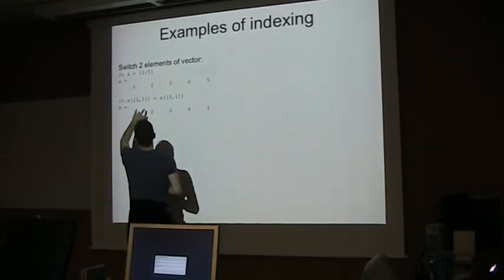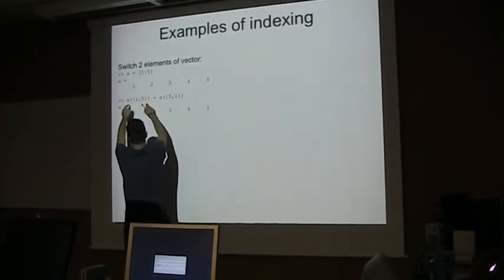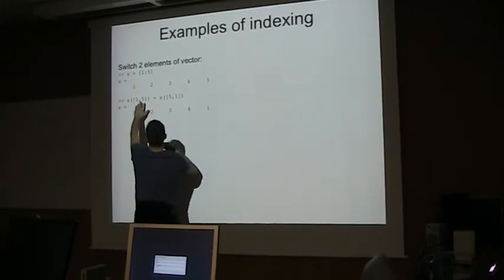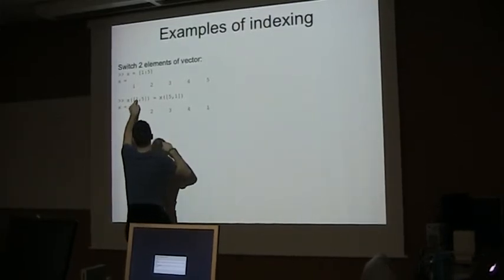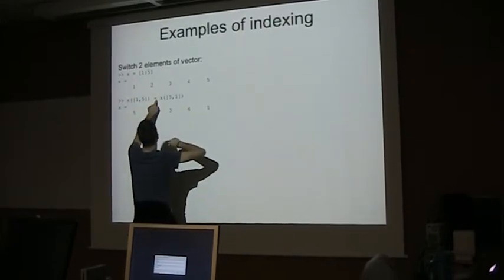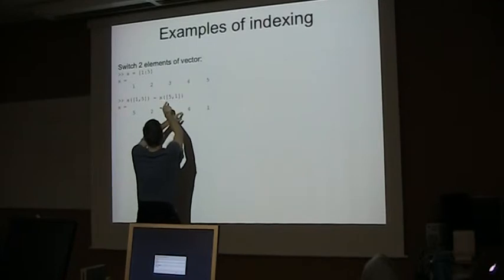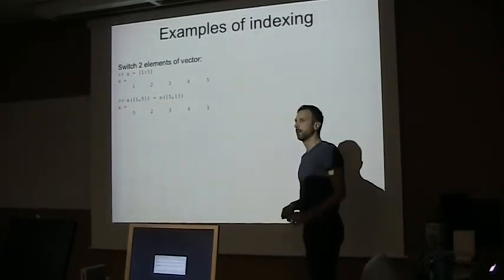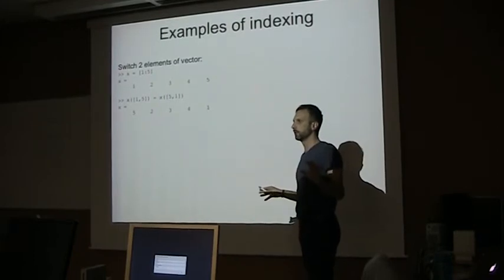But now, inside of this parenthesis, I'm using the single indexing. So I'm taking the first and the fifth, and assigning to them the reverse, 5 and 1. So that's what it does. Is that clear for everybody?